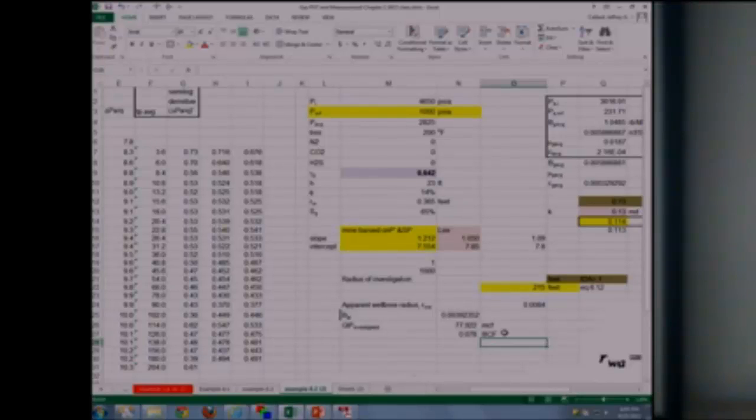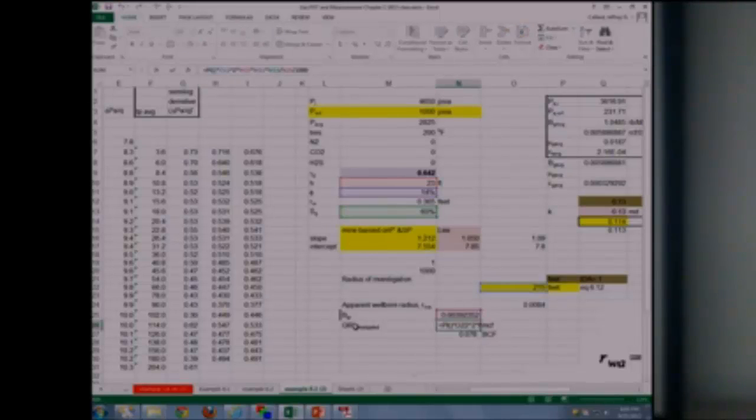Can you please go back with the GIP? I just want to see the formula. The GIP investigated. Okay, it's pi times 215 squared times the height, that gives me cubic feet, times the porosity gives me pore volume in cubic feet, times the gas saturation gives me the hydrocarbon pore volume in cubic feet, which is how much gas I have in the ground.